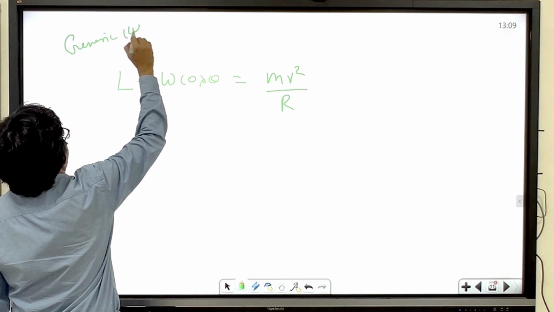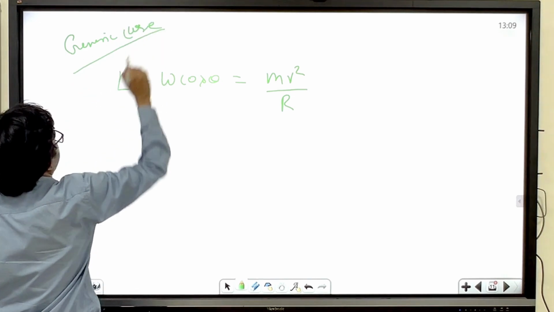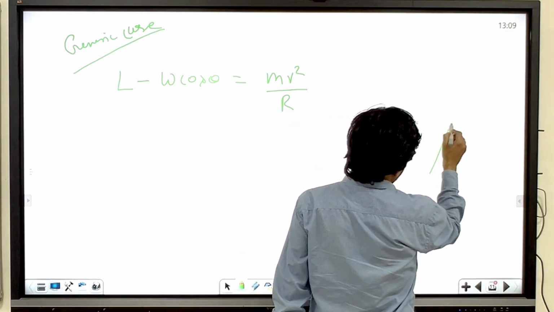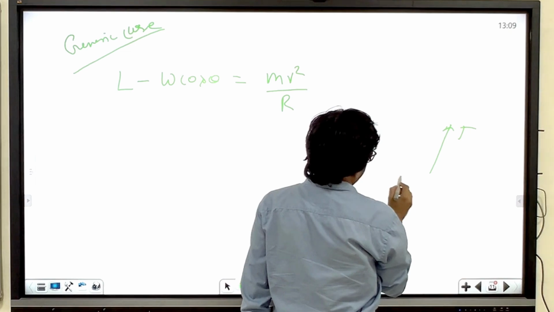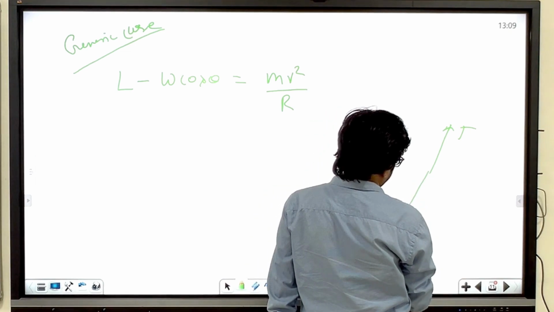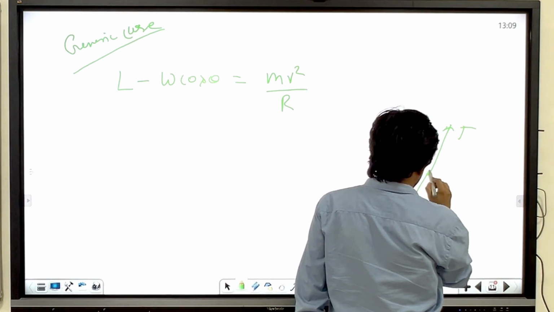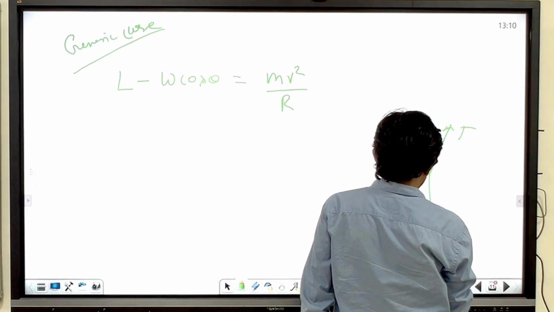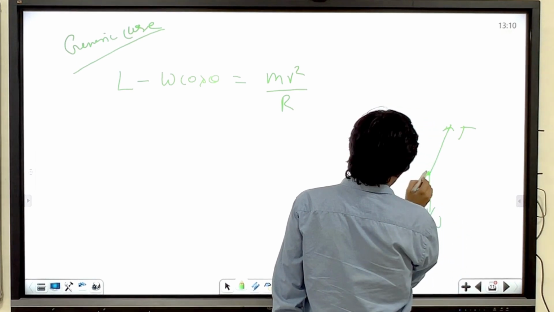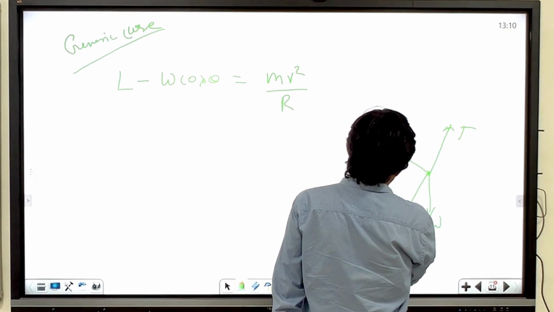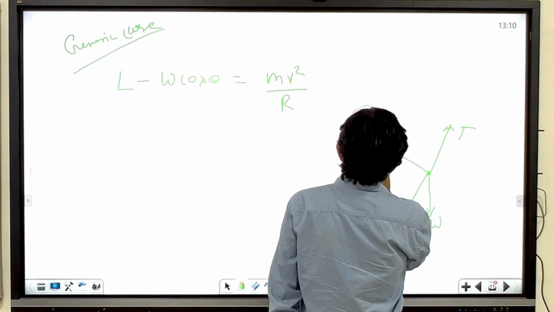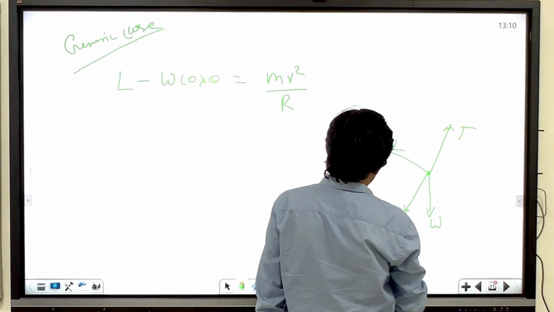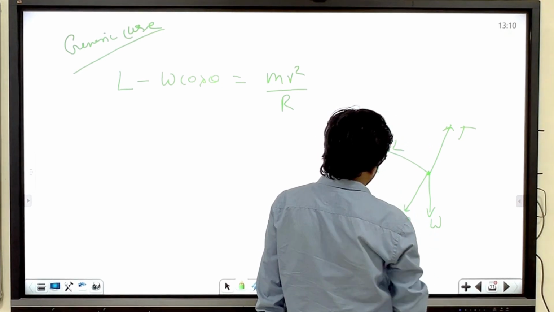Generic case. You can see here, if your thrust is this and drag is opposite to this, and this is W, and this radial direction is lift, and this is theta.